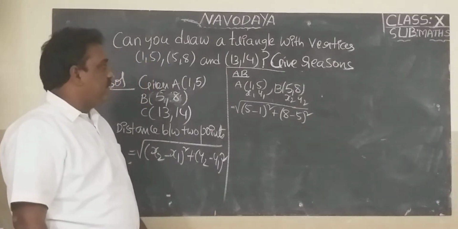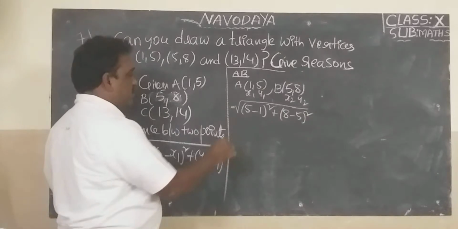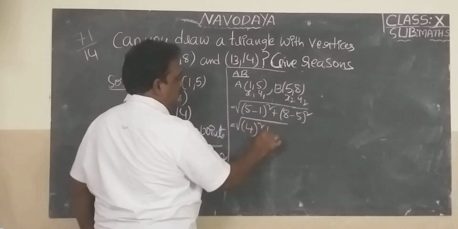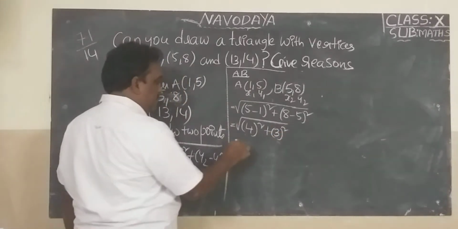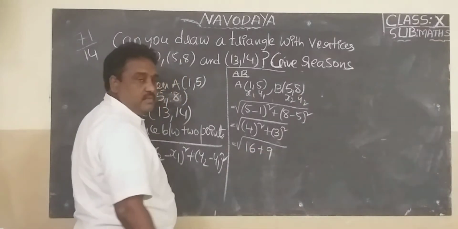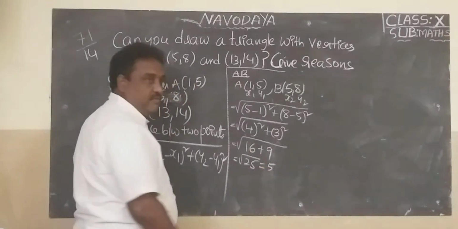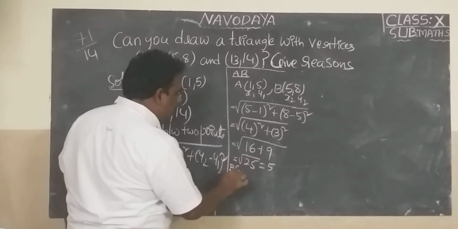The first one is 4 whole square, the second one is 3 whole square. Then we get 16 plus 9, then root 25 equals 5. That is AB.